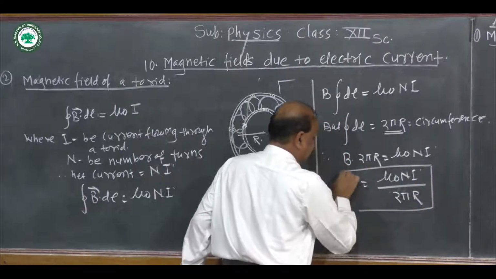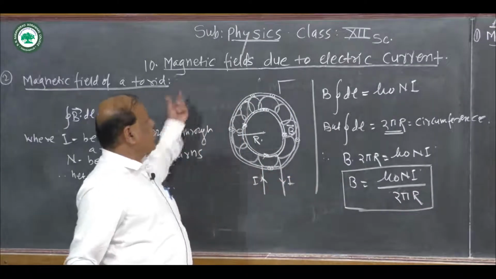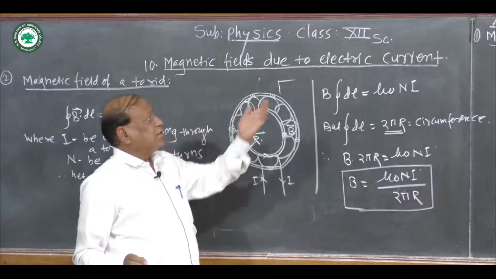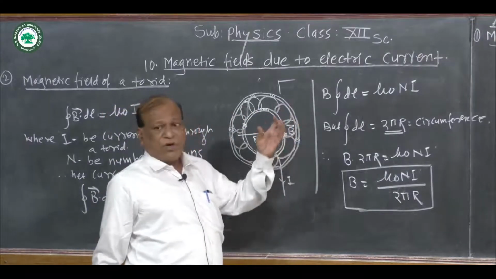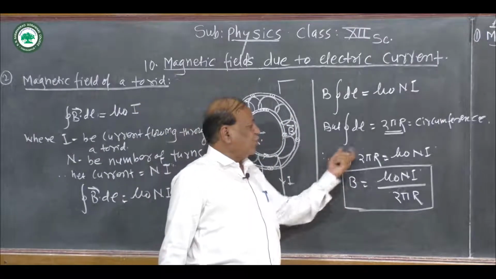This is the magnetic field produced by this toroid. In the first application we obtained the magnetic field of a solenoid, and here we get the magnetic field of a toroid.